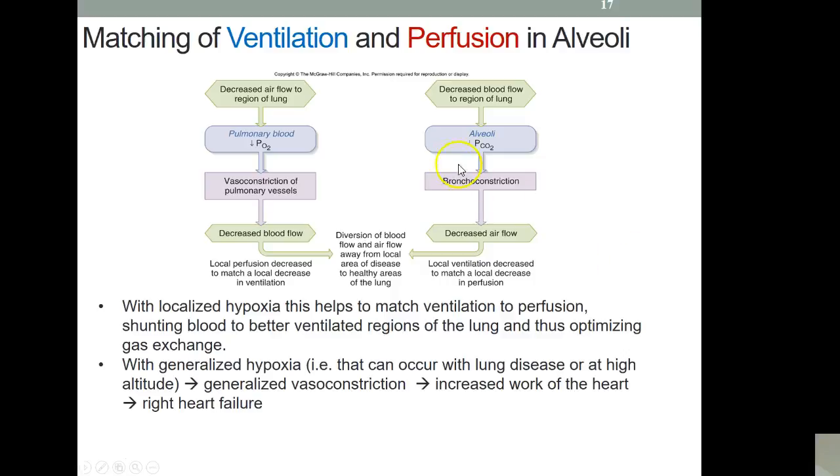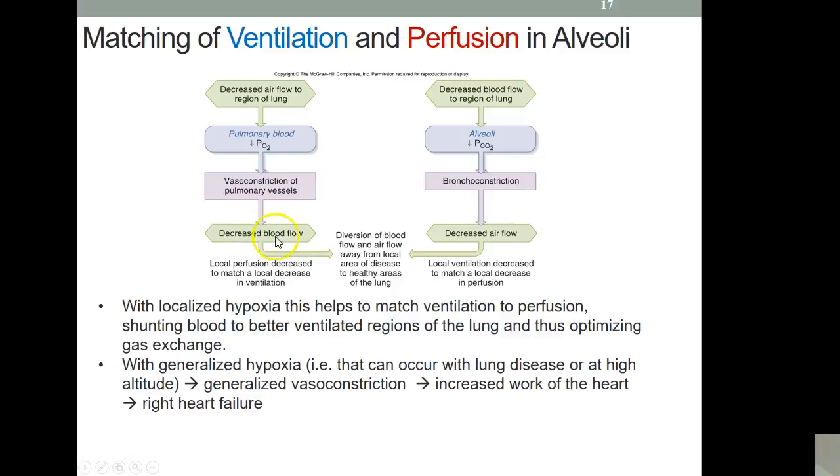So let's look at that. And this is a mechanism to help match ventilation to perfusion. We obviously want the best oxygenation we can get. So if we have a region of the lungs that doesn't have as much airflow, that's going to lead to decreased pressure of oxygen, and that hypoxia is going to cause vasoconstriction of pulmonary blood vessels.